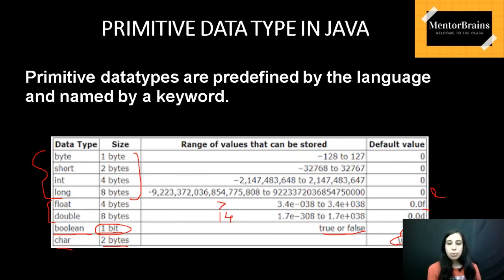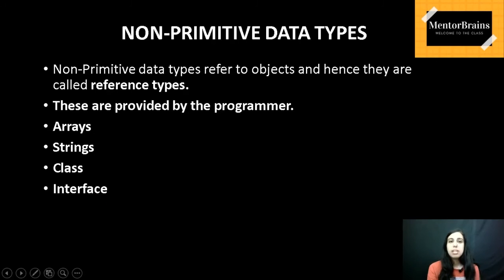Now we are going to come to derived data types that are also called non-primitive data types. Okay, so non-primitive data types refer to objects and hence they are called reference data types. They are derived, reference, or also called composite. Actually, these data types are provided by the programmer and they are derived from our fundamental or primitive data types.